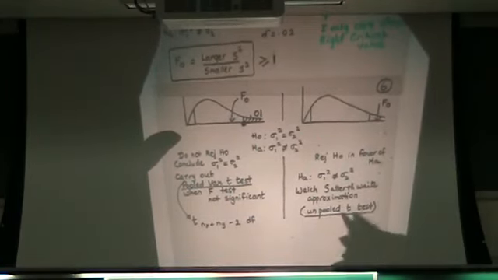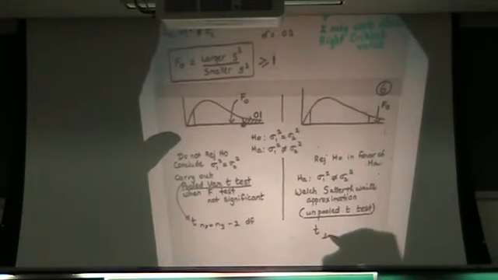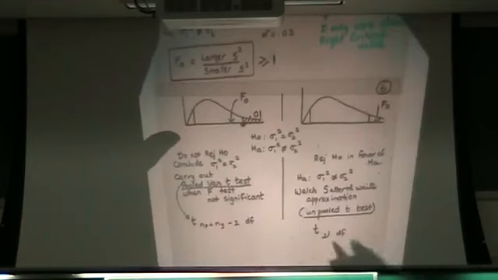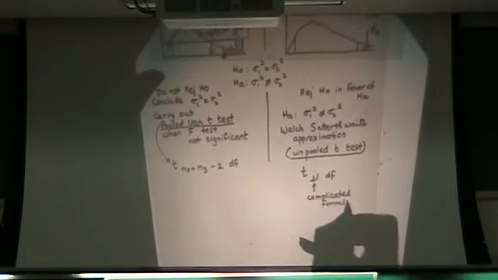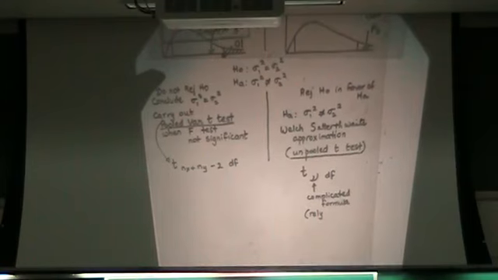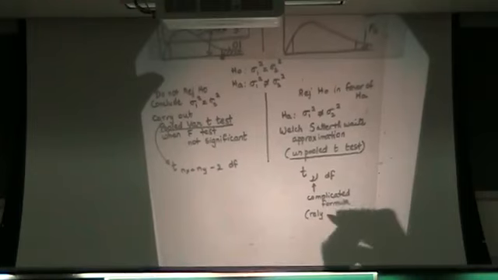And this unpooled t-test would be carried out at nu degrees of freedom, where nu has a complicated formula, and you should rely on your calculator to find nu, because if you mess up the nu formula, you're going to mess up your critical value too.